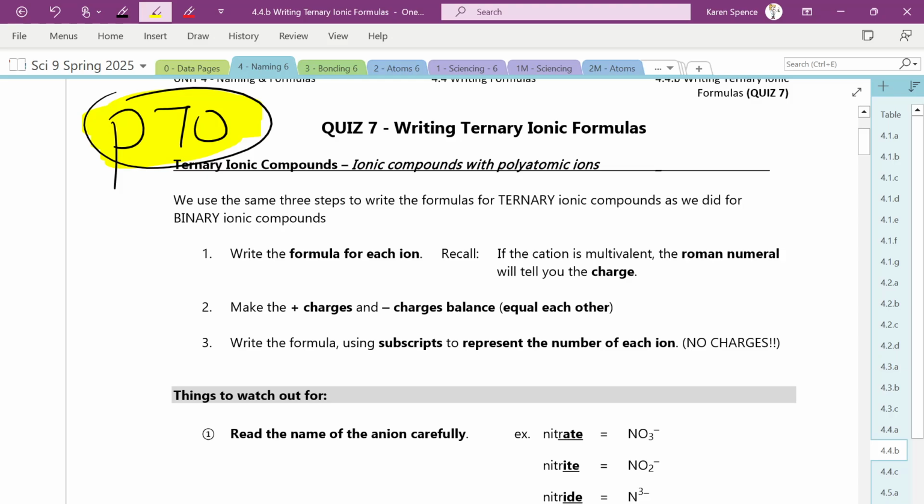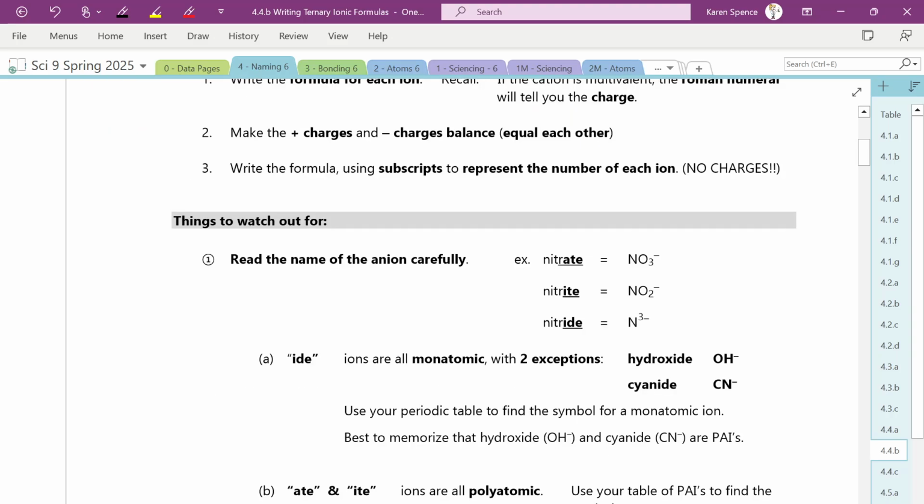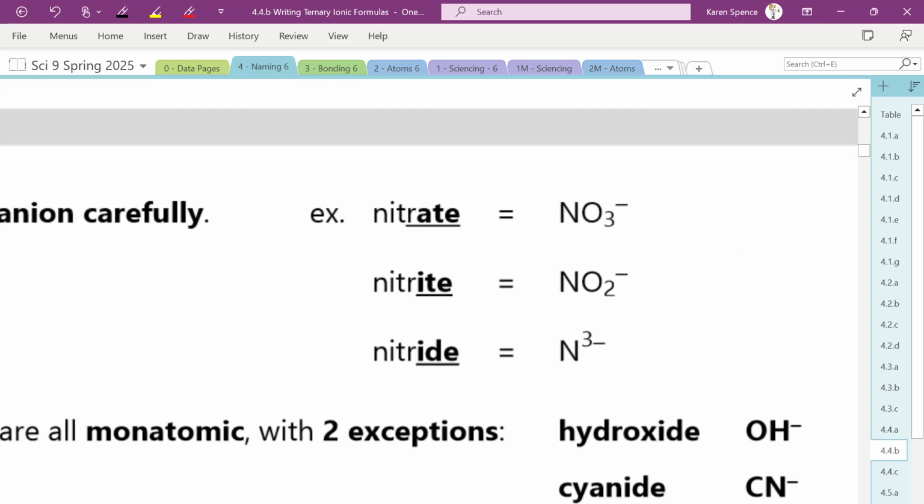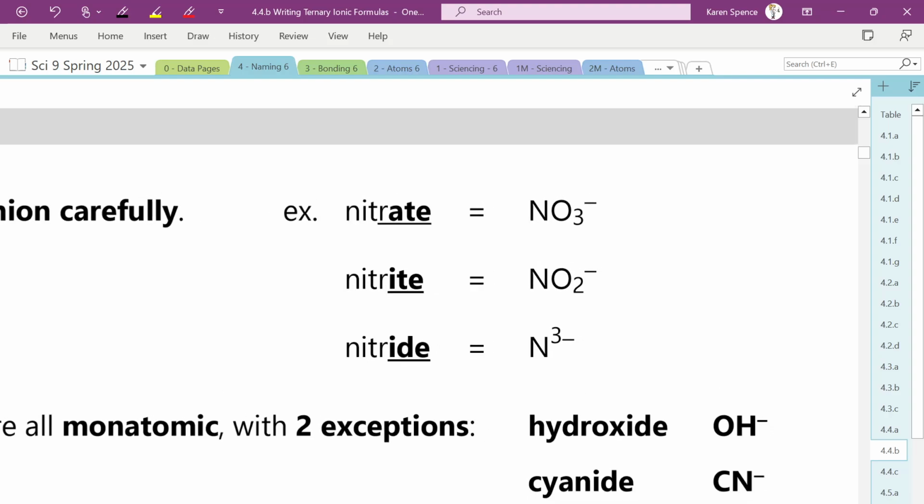So before we were using only the periodic table, but now we're going to have some polyatomic ions. So make sure that you have your green sheet out, okay? And one thing you have to be careful with is there are lots of ions whose names start the same way. There is nitrate, there is nitrite, and there is nitride, okay?